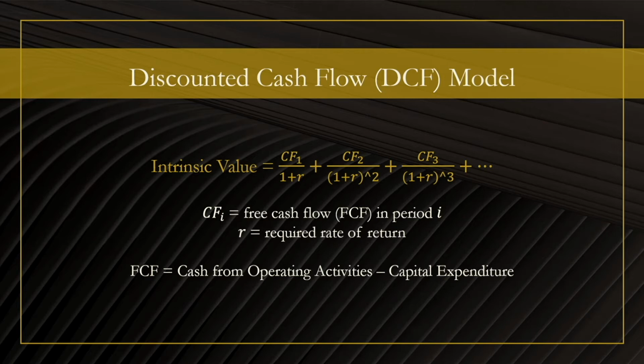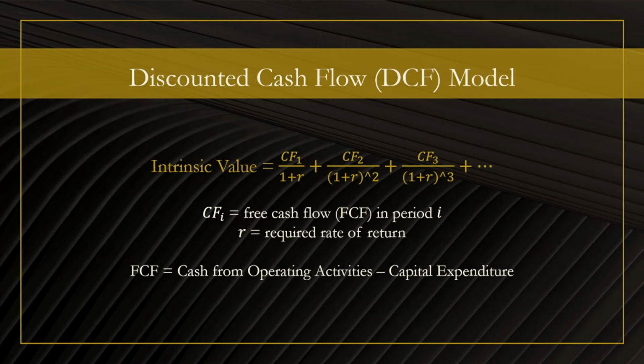For example, if we have $100 now, then we could invest that at a rate of return, let's say that rate is equal to R, and then after 1 year, we would have $100 times 1 plus R. So the value of that $100 in a year from now would be 100 times 1 plus R. Now doing the opposite, the present value of $100 received in a year from now is 100 divided by 1 plus R. This process is called discounting future cash flows to present.